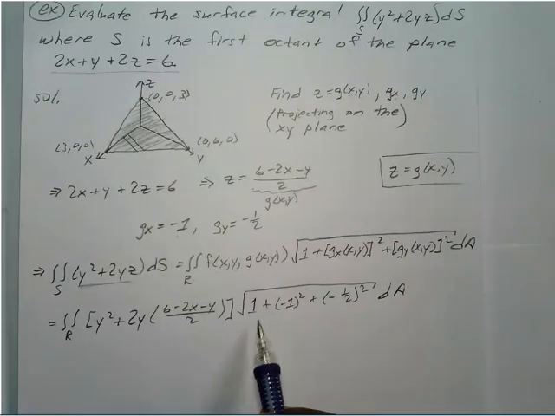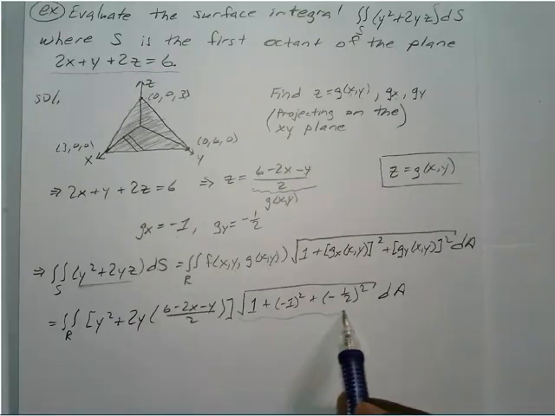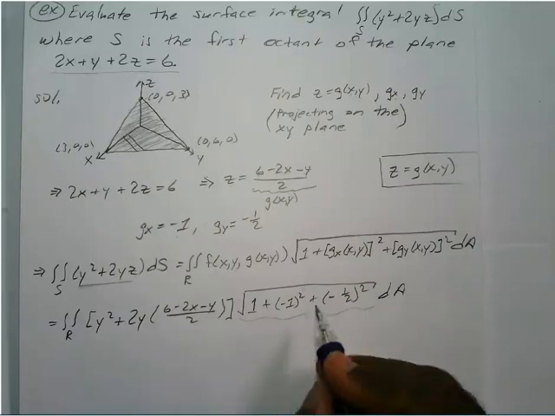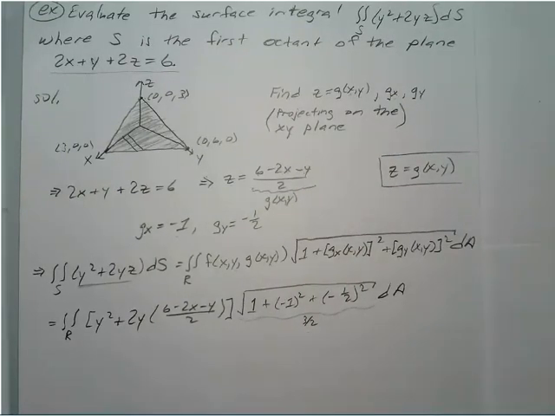Actually, this simplifies to the square root of 9 over 4, which is 3 over 2.